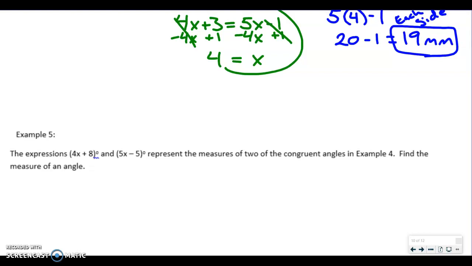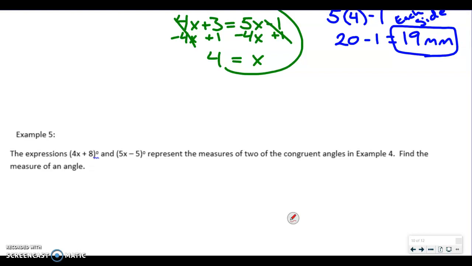All right, so these are looking back to the hexagonal bolt head. So we knew it was a regular hexagon, so all the angles were congruent also.